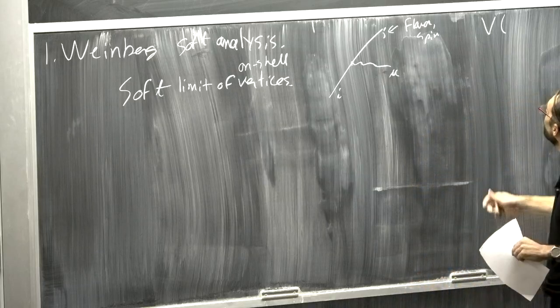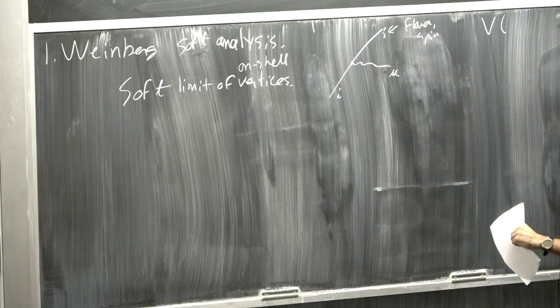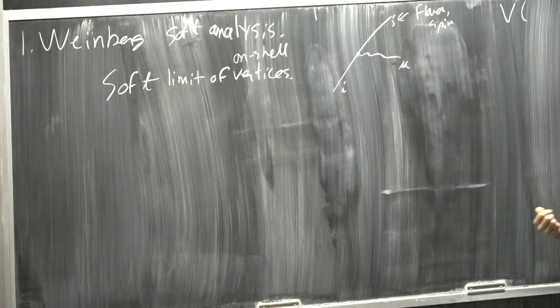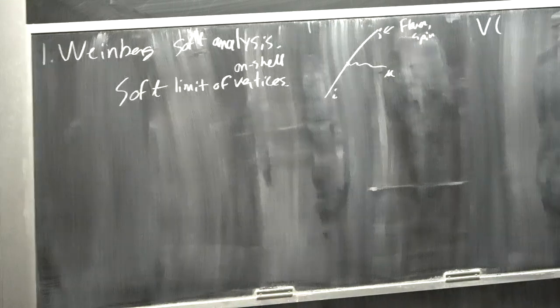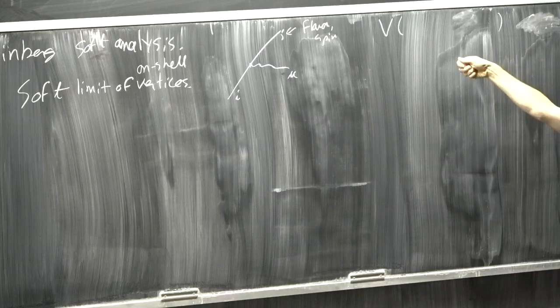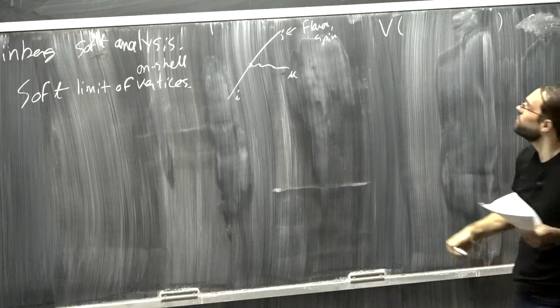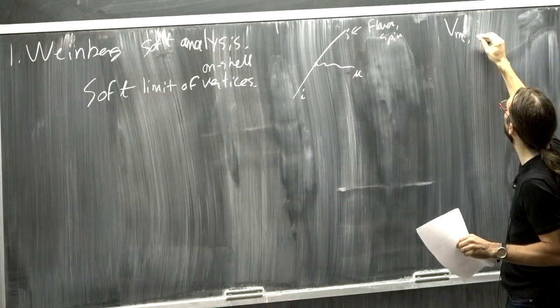These are functions of the polarizations and the momenta of this particle. But remember that we're on shell, so remember from last time that all the dot products between p's can be expressed in terms of p squares, which are constant. So this is really just a function of the mass square.